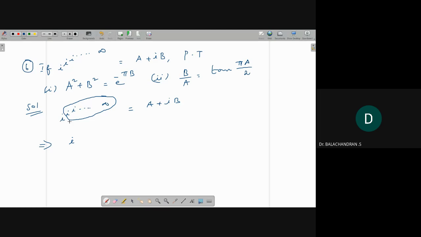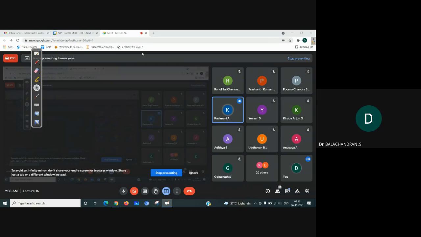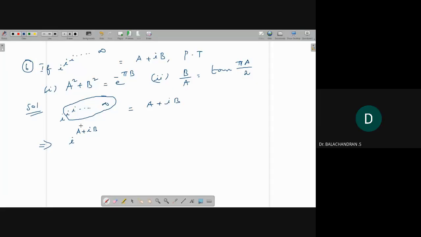So I keep one i, and the remaining i power infinity, you can replace by a plus ib. Kavimani, yes, correct. That is equal to a plus ib.